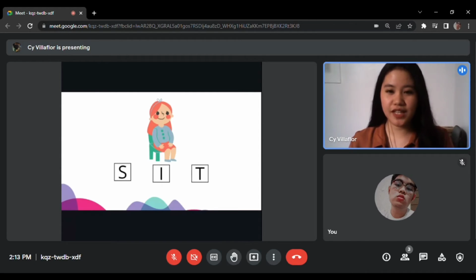The third one is t, t. Have you noticed any sound similarity? Where do you think again is the sound located? Is it at the beginning, at the middle, or at the end of the word? Amazing! It is at the beginning.